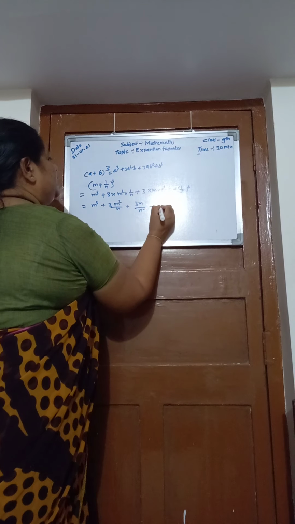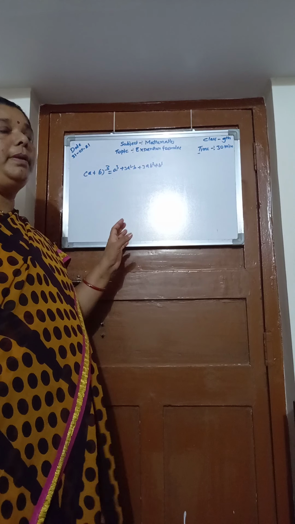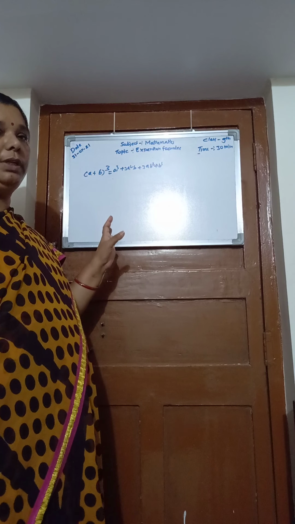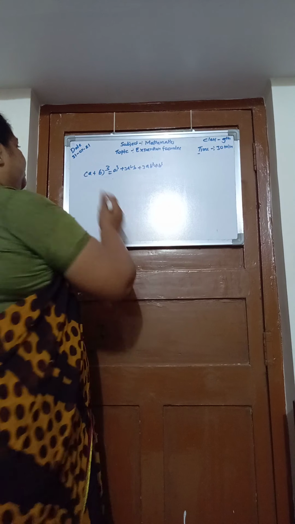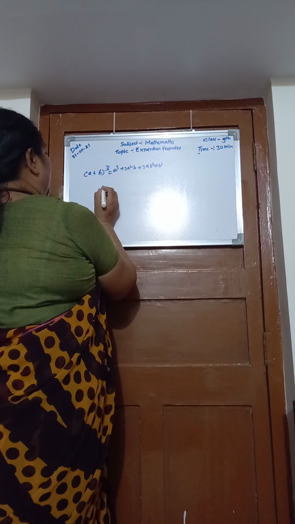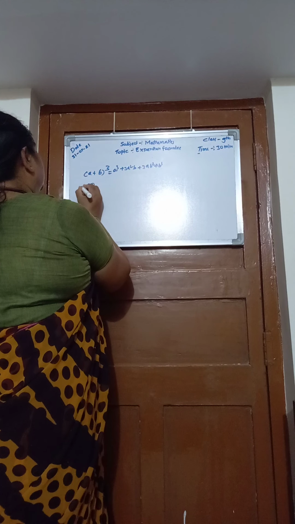Okay, this is our study. You have to solve problems based on these 4 formulas. We have taken 4 formulas here, you have to solve it. Okay, I am giving you homework.